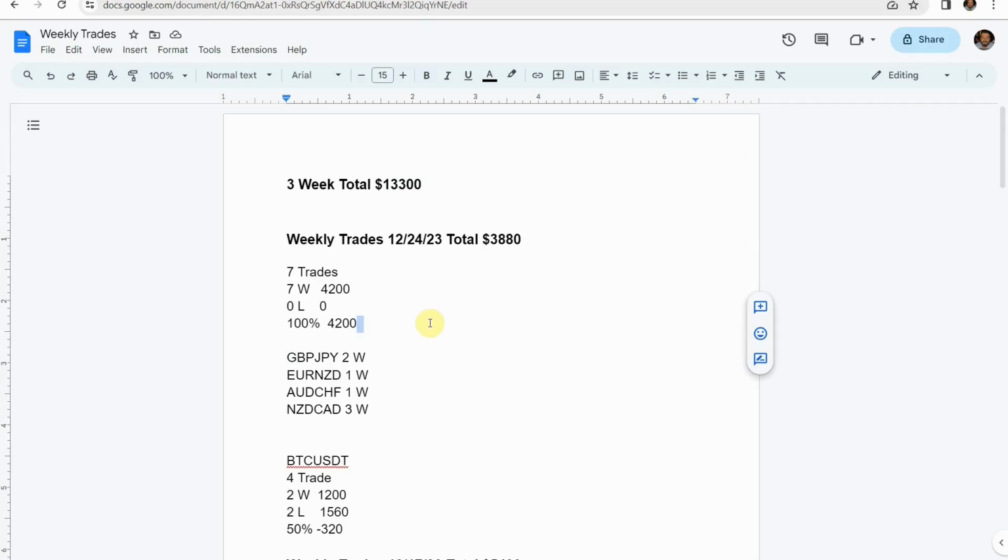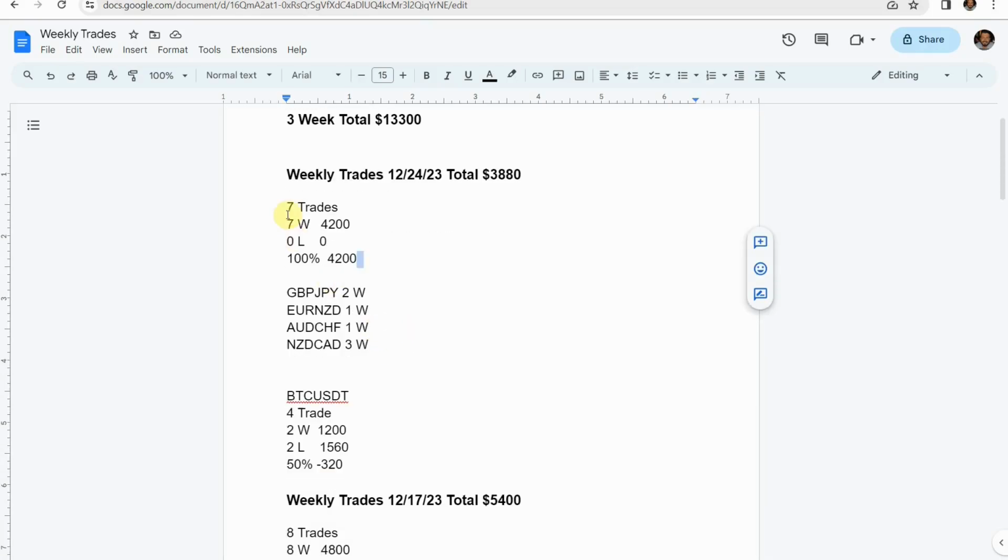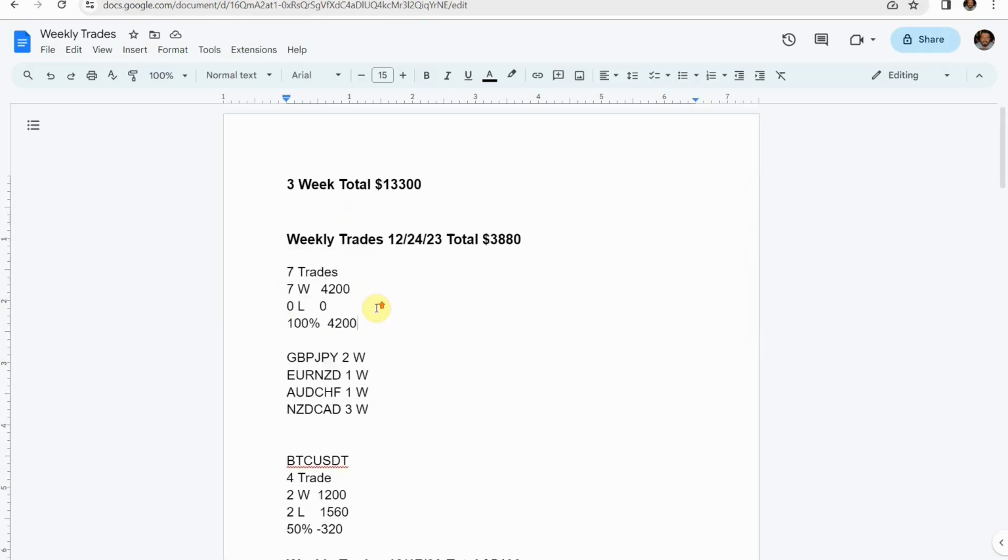So not bad whenever I say that within a month, you can earn $13,000, $19,000 in that area. You can see that with just a few Forex pairs and a couple handfuls of trades each week, you can easily earn that amount of money.